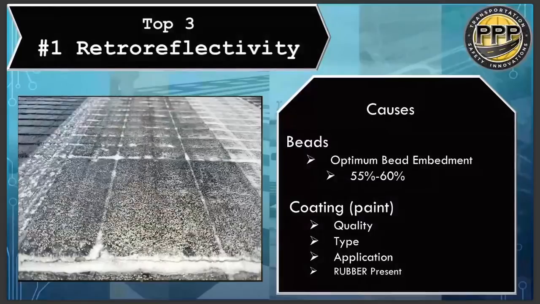The marking will still look black, but the reason is that, remember in our diagram, the color is coming from the back of the bead, which is sealed between the bead and the marking. So it was a very interesting thing. We started out with like 60 millicandela, and we got it up to like 480 just by cleaning off the top of that bead. Unfortunately, though, it didn't have the daytime contrast that it needed, but it was just an interesting point I wanted to make.